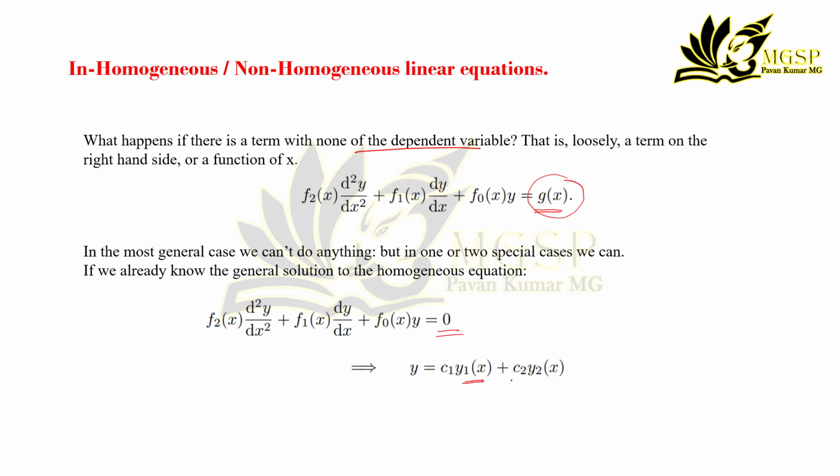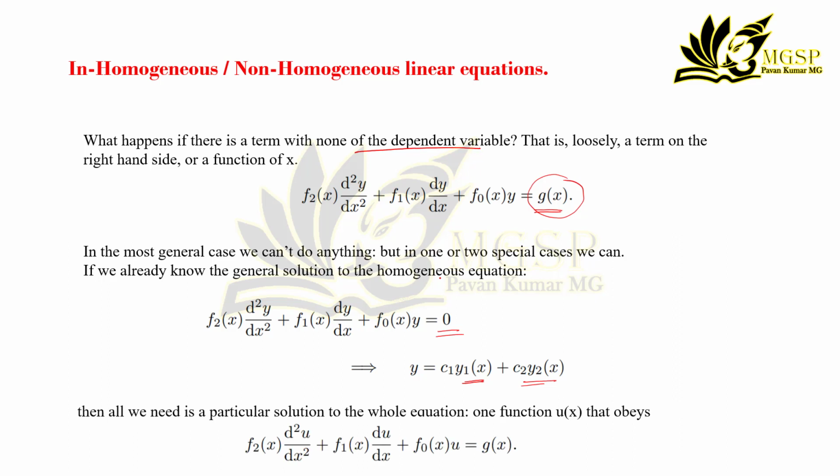I'm just continuing with this. Next, all we need to find is the particular solution, because here g of x is present on the other side. Since it is a non-homogeneous differential equation, we need to find the particular solution for it.